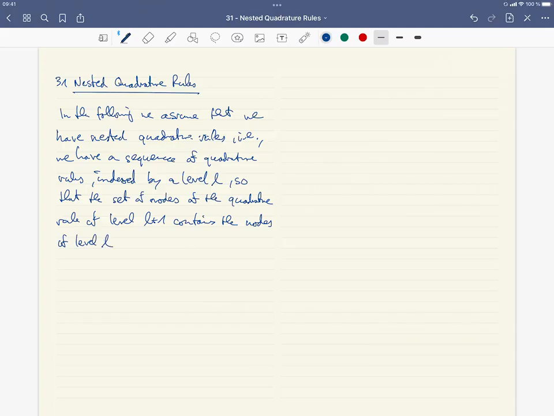And so you hopefully see already that this is why we use levels and not numbers of points, because typically going from one to the next level means that I would almost double the points, refining the trapezoidal rule, for example. So before we come to the examples, why am I doing this?